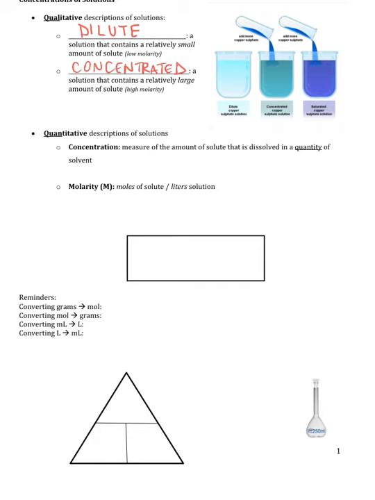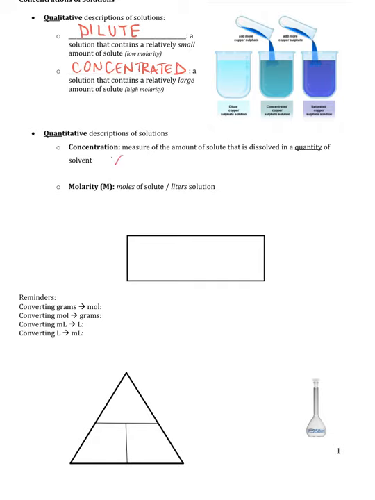So, concentration is a term that you've heard before, and it is a measure of the amount of solute that is dissolved in a quantity of solvent. You can't just say how much solute there is, because it also depends on how much solvent it's dissolved in. So think about that.